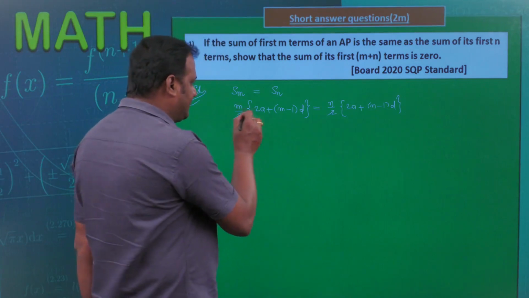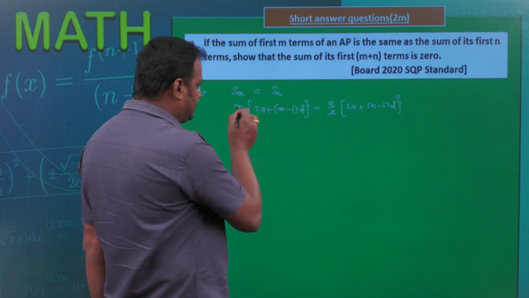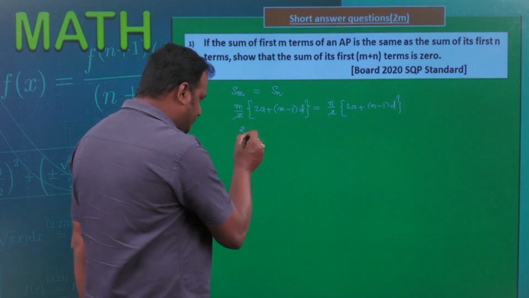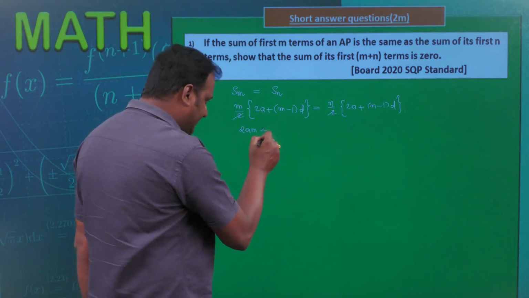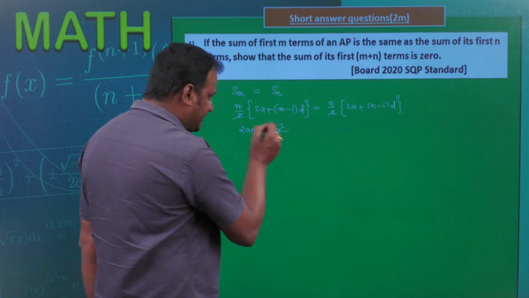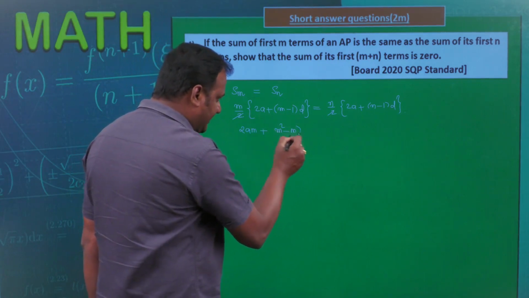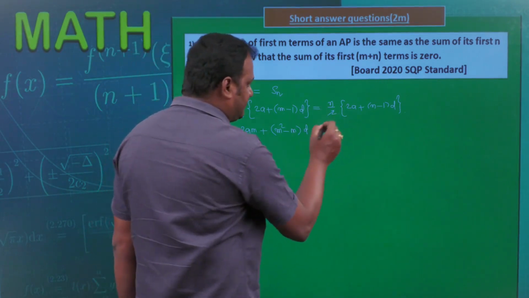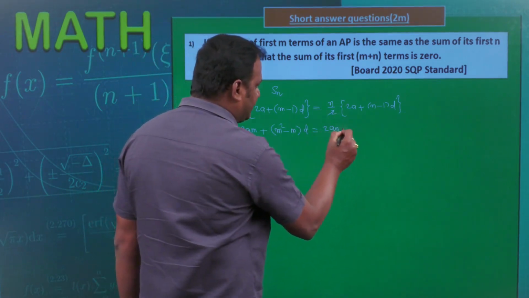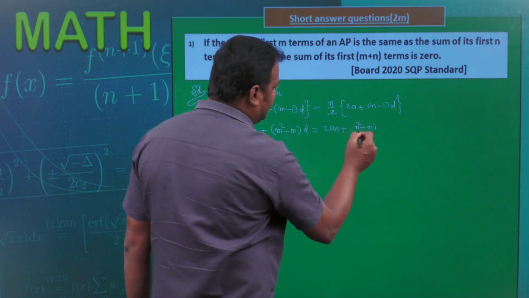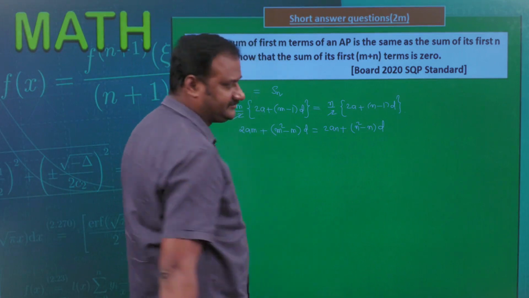Then multiply all the terms with m here and all the terms with n here. m into 2a is 2am, plus m into m minus 1; m into m is m square, m into 1 is m, times d. Equal to, here n into 2a is 2an plus n into n is again n square minus n times d.